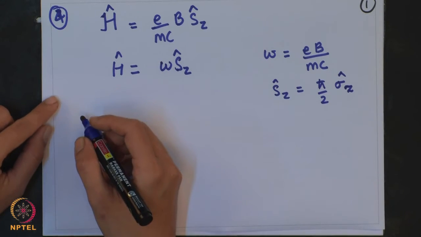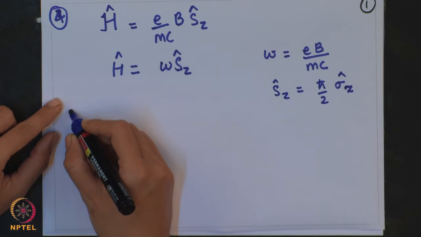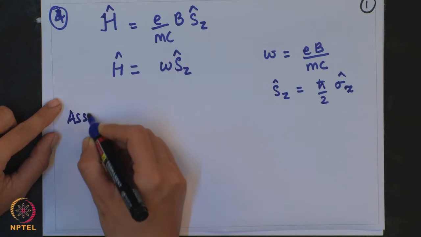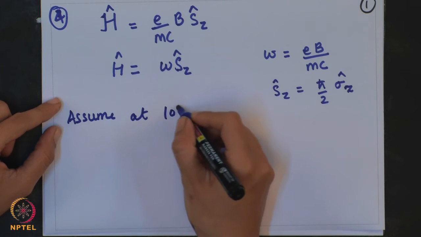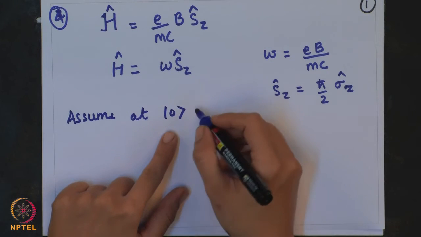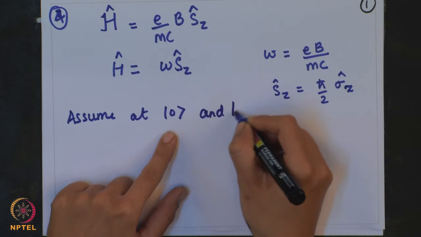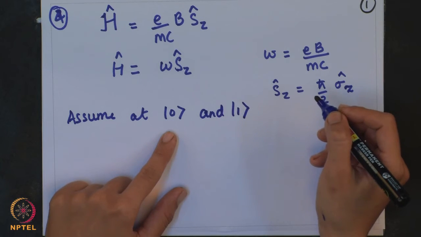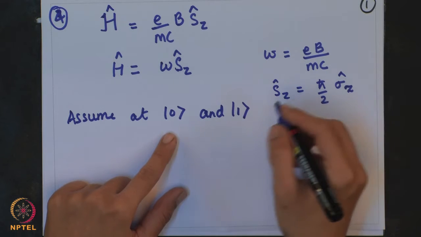Now, we will start by assuming that ket 0 and ket 1 are the eigenbasis of Sz.